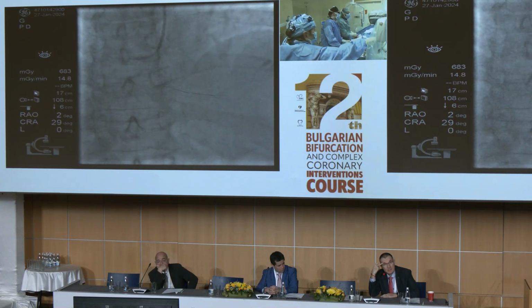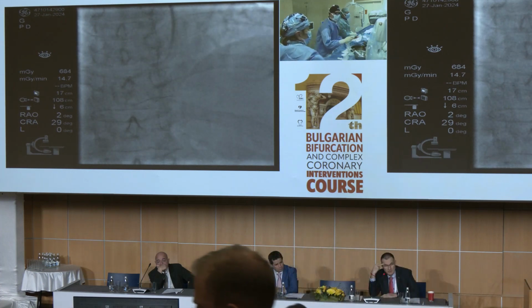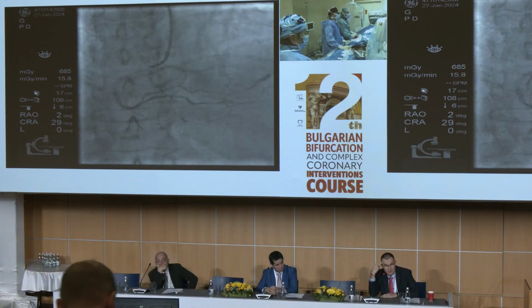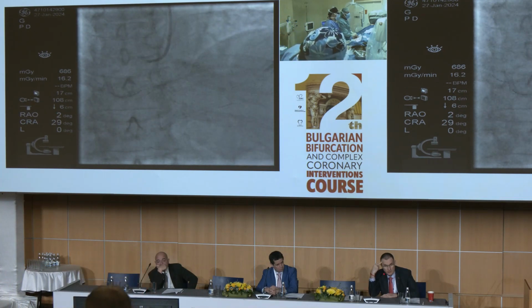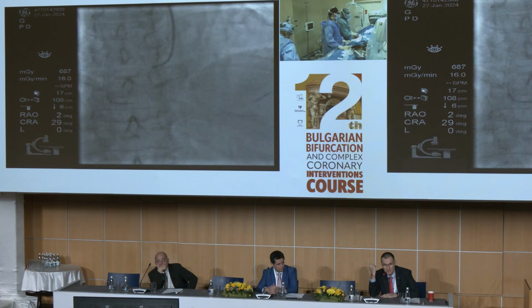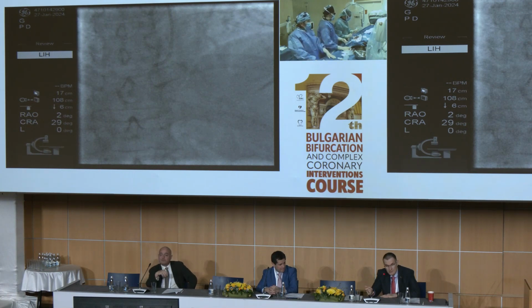I see that Gianluca already fixed the right coronary artery. There is some contrast cloud in the distal posterolateral branch, intramyocardial. Yes, it's intramyocardial. We just do a little bit of sealing with a balloon, and then we jump on the left system.